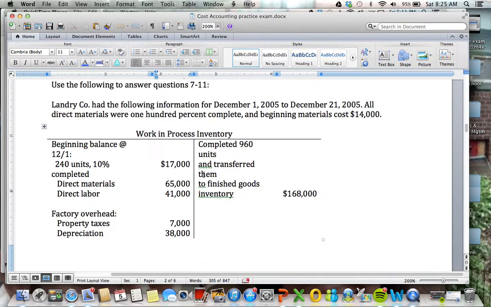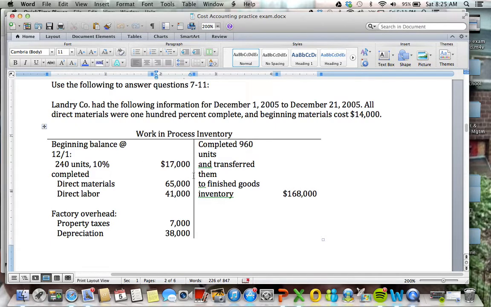So going back to the problem, just to walk through what's going on here. We have 240 units that are 10% completed as of the beginning. So our beginning inventory has 10% completion in regards to overhead and labor, and 100% complete in regards to materials.